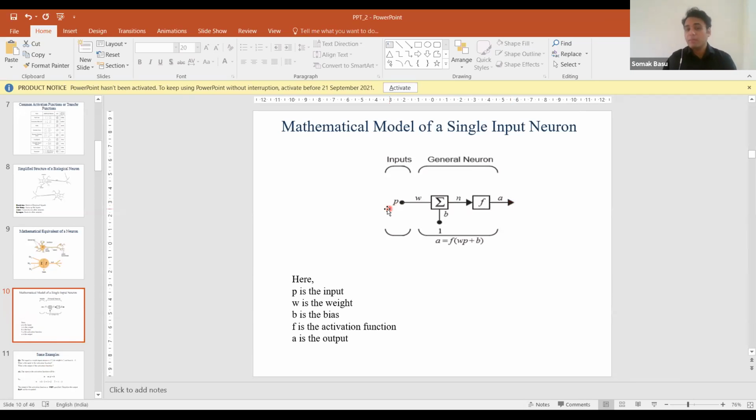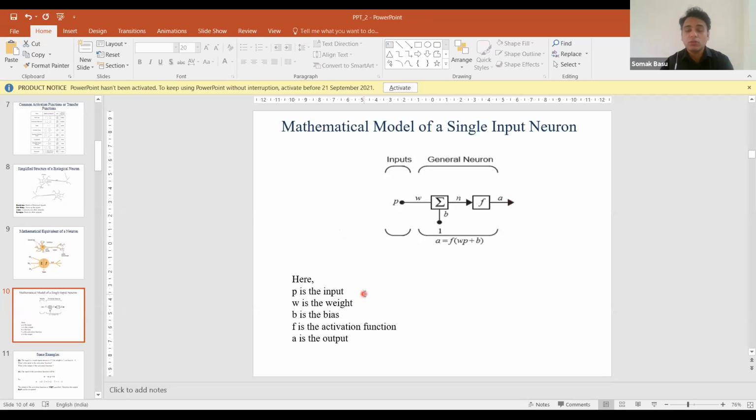It takes some data P, processes it based on some logic or activation function F, and generates an output A. This is how a neural network actually works.